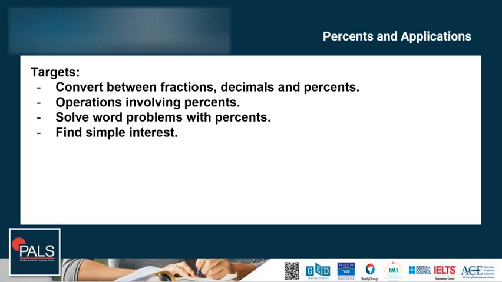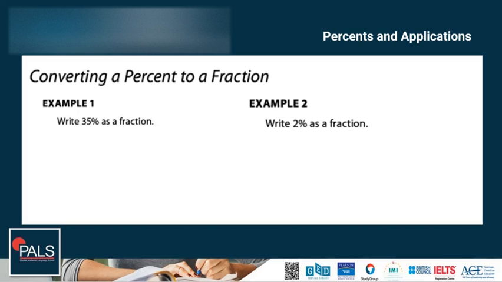To continue, let's start with converting between fractions, decimals, and percents. Let's start with converting a percent to a fraction. Because a percent represents a portion taken from 100 equal parts, any percent can be written as a fraction by writing its value over 100 and simplifying.